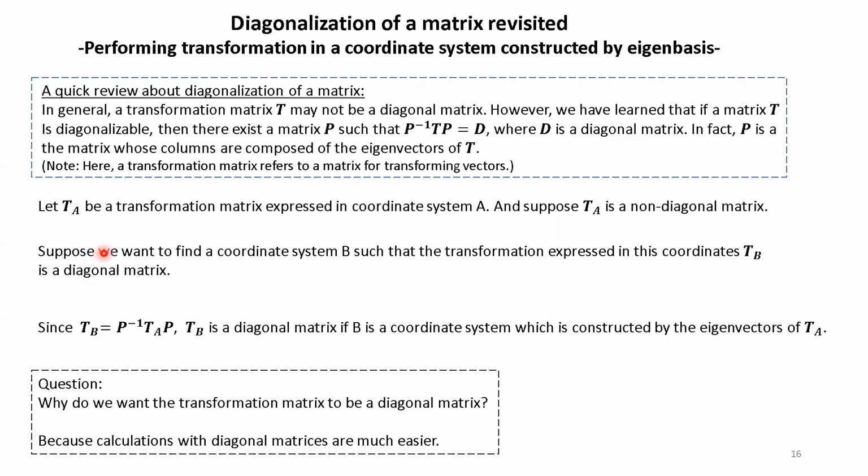So we want this TB to be a diagonal matrix, although this TA is not. And now you know how to do that. If this P is constructed from the eigenvectors of this TA, then this TB will be a diagonal matrix.